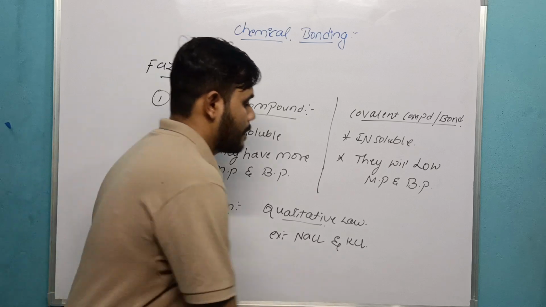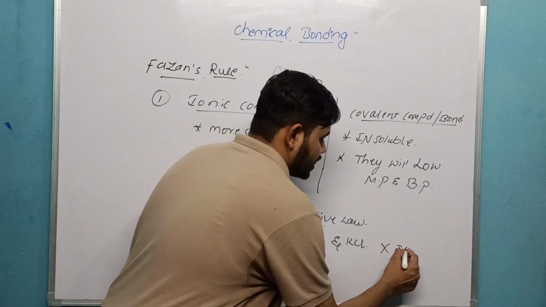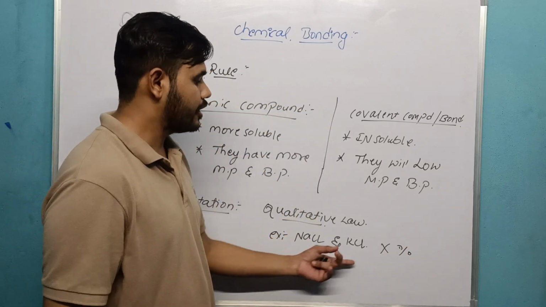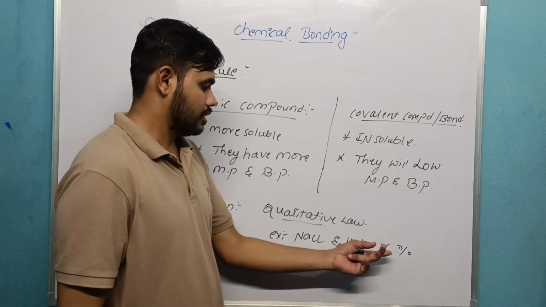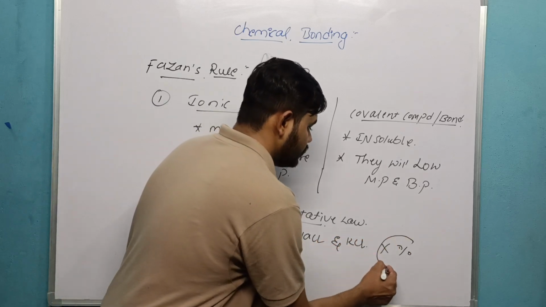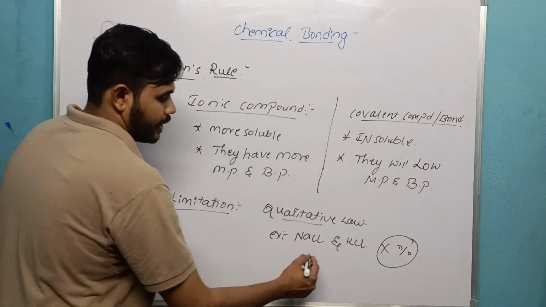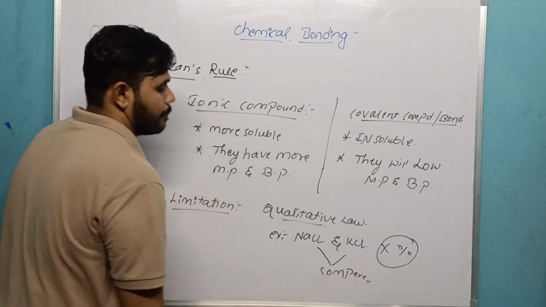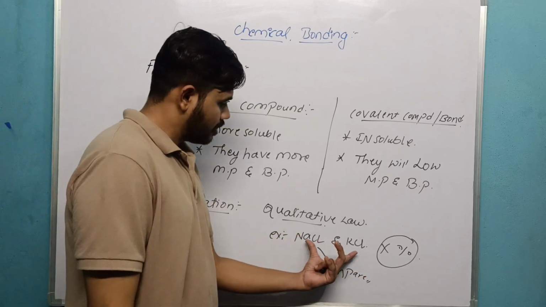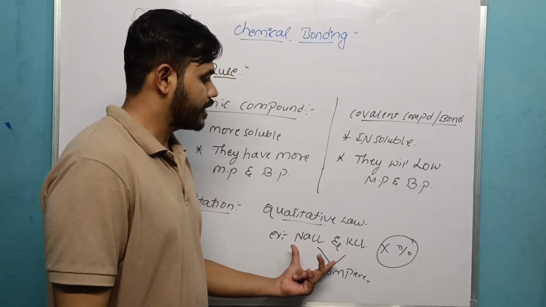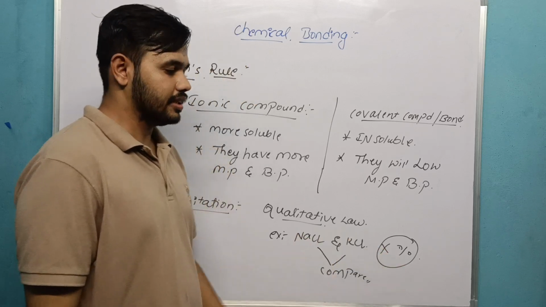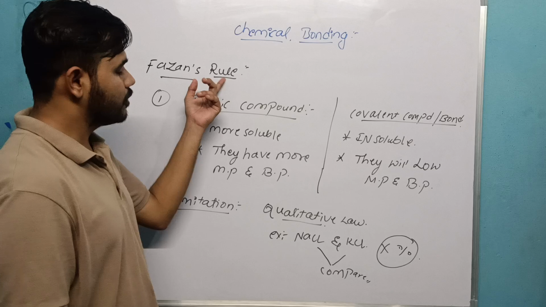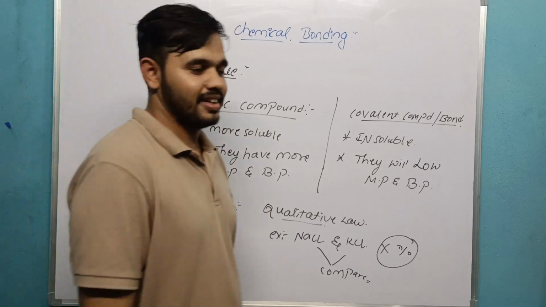But we cannot tell in terms of percentage how much. For example, we cannot tell NaCl has 80% covalent character and KCl has 20% covalent character, like that we can't tell. We can compare covalent character by using two ionic compounds, but we cannot calculate in terms of percentage. That is the one limitation of Fajans rule.